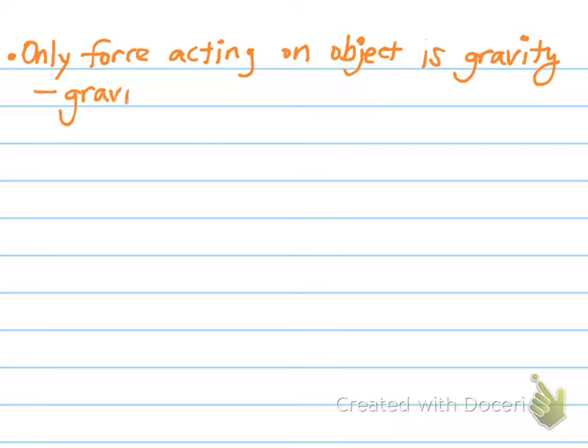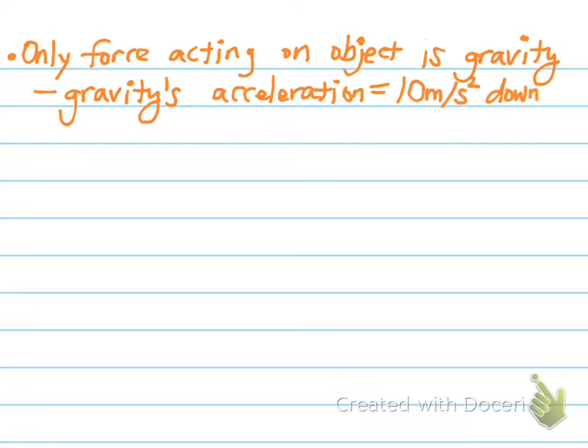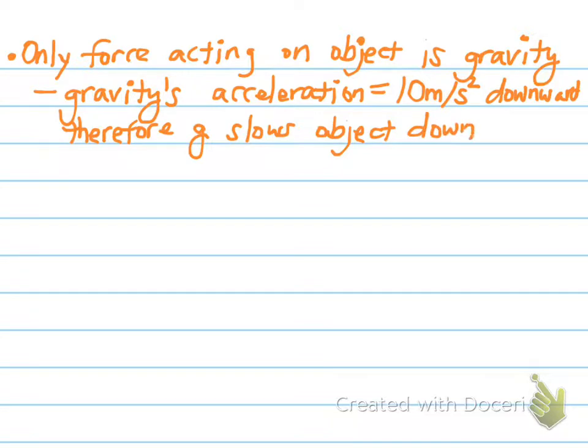Gravity's acceleration is equal to 10 meters per second squared downward. Therefore, gravity slows the object down 10 meters per second each second the object rises.